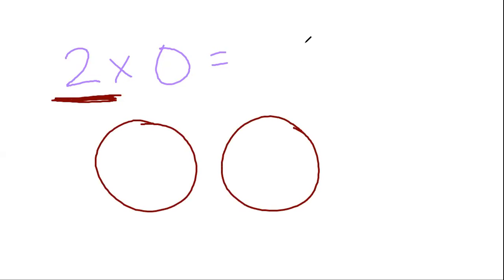My second factor is a 0, so I'm going to put 0 counters in each group. 0 in the first one, 0 in the second one. Let's see, how many counters do you see all together in your groups? I see 0. This goes back to what we were learning about in math yesterday with that 0 property.